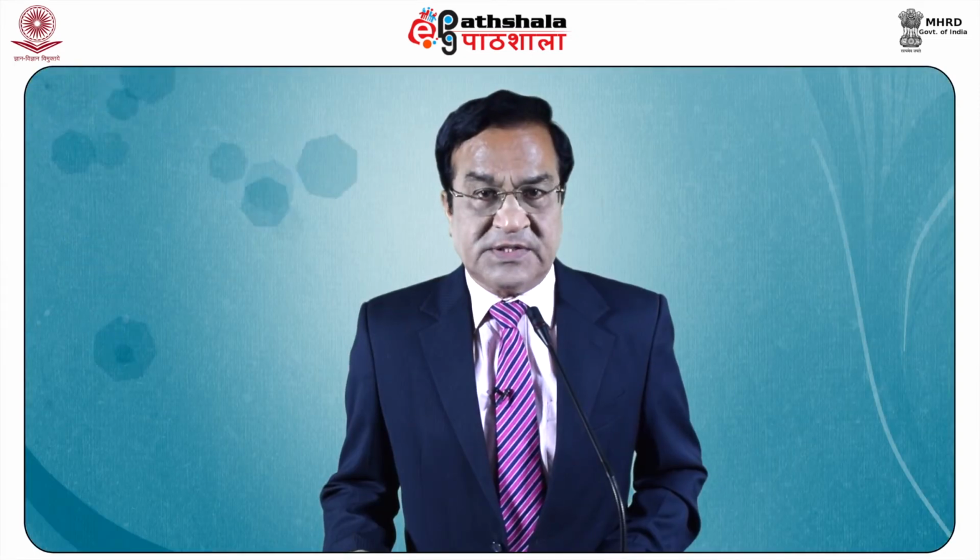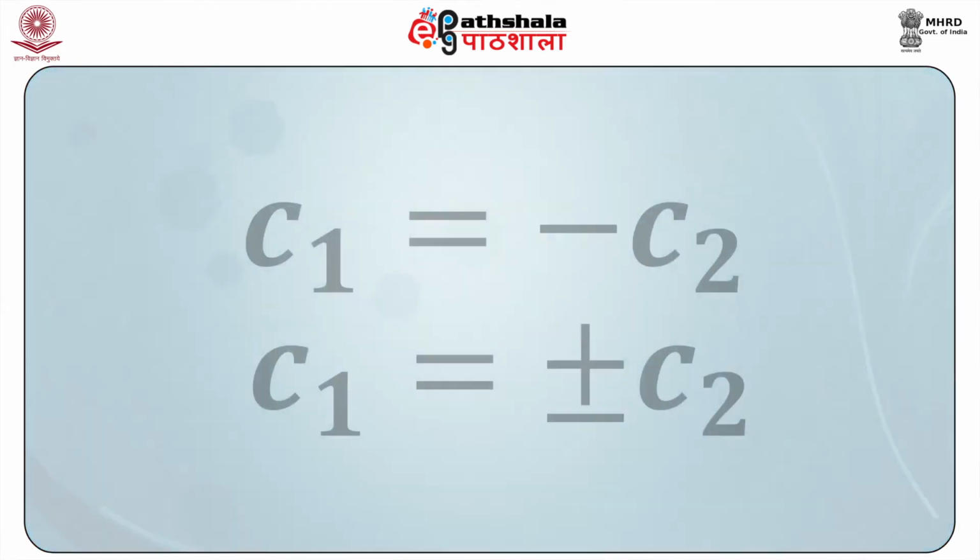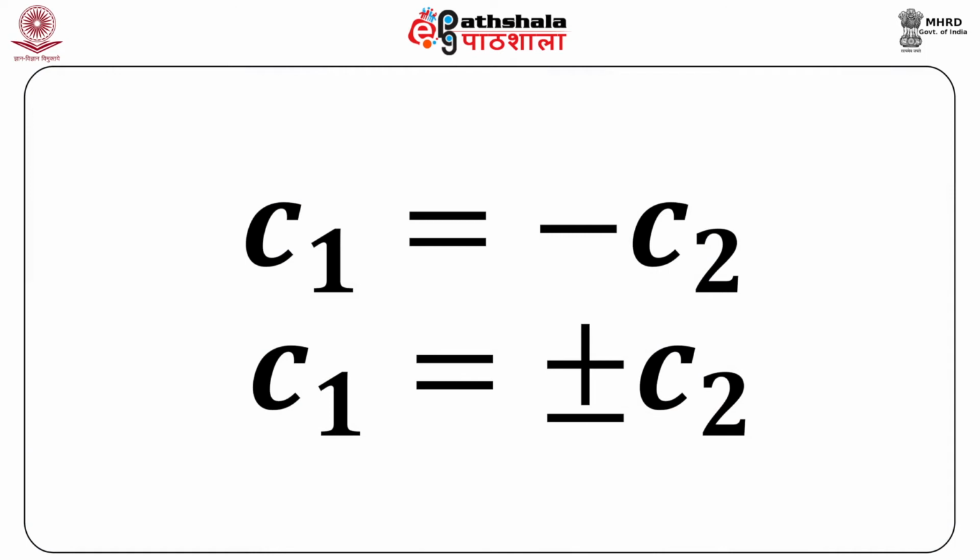Solving this further, we get C1 is equal to minus C2. Earlier we had got C1 is equal to plus C2. So what we derive from here is that C1 is equal to plus or minus C2. This is very important, and that is the relationship between the two coefficients.